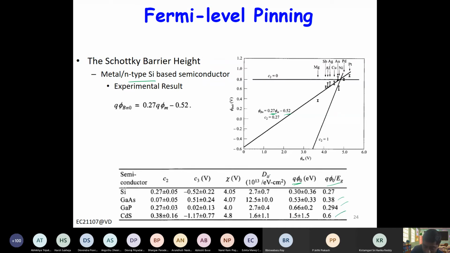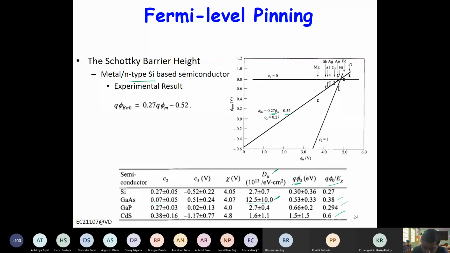Now if you compare the density of interface states, it is quite large in gallium arsenide, right? And for gallium arsenide, you can see the value of C2. What is the value of C2? It is around 0.07, right? So it is close to 0.